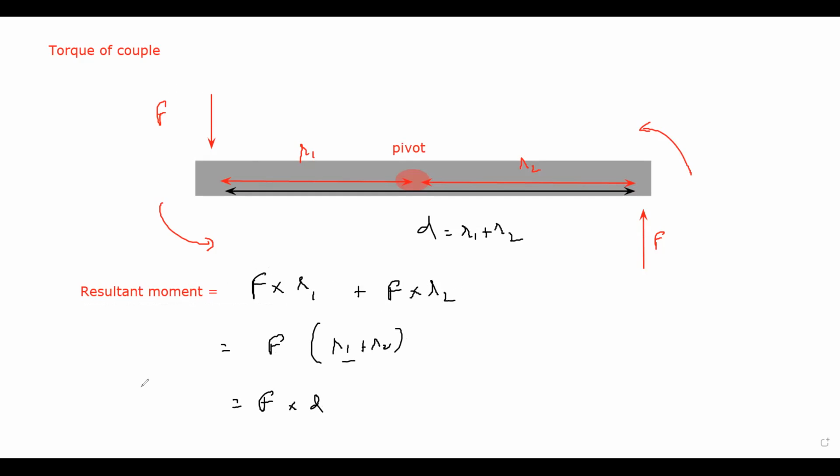So the resultant moment when two identical forces are causing a moment in the same direction, what do we call that? We call that the torque of a couple. So when two identical forces produce moment in the same direction, it is known as the torque, or the turning effect, or the moment due to the couple.